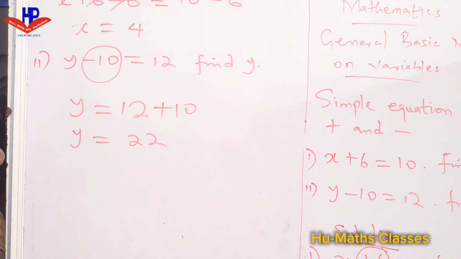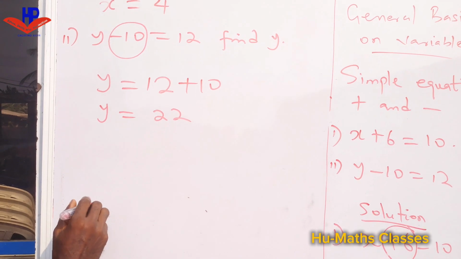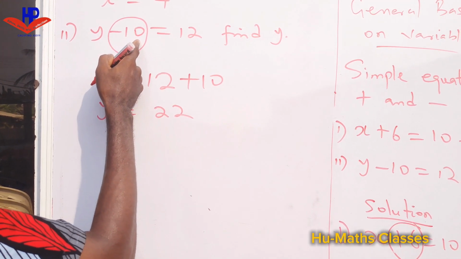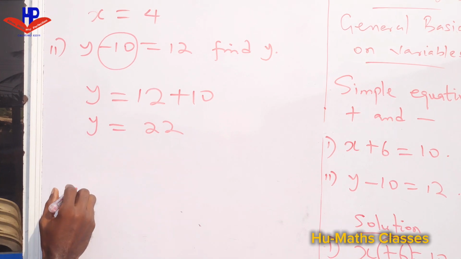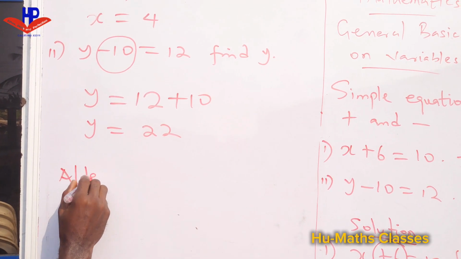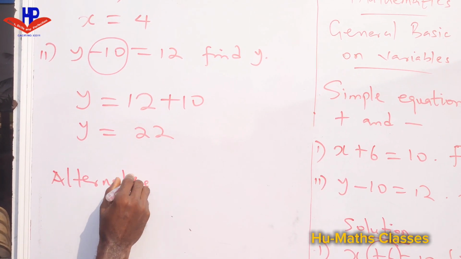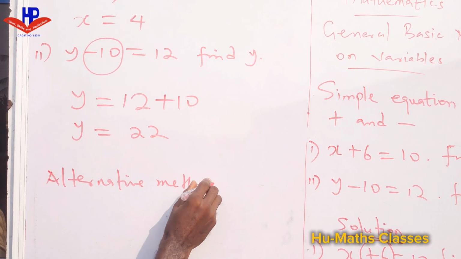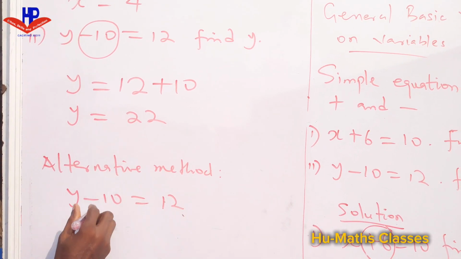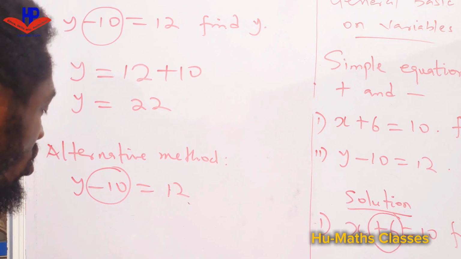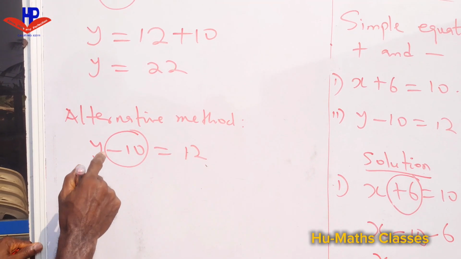That's the final result. Or use the second method which I said: now that it's minus 10, for me to eliminate minus 10, I will add 10 to both sides. So we have the alternative method. You have y minus 10 is equal to 12. I want to take this number out from here, which is minus 10.